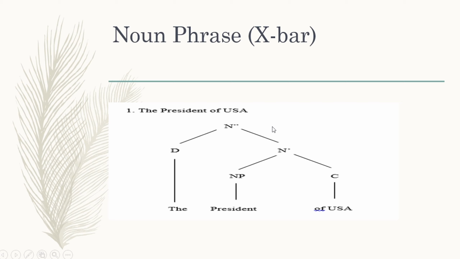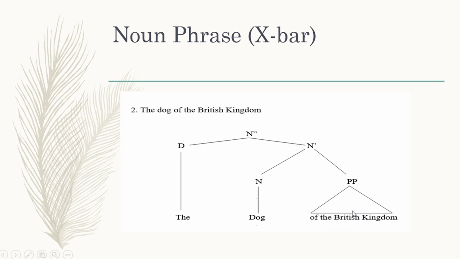First, I got the president of USA. So the determiner is the, the noun is president, and the complement is of USA. Next, the second one is a little bit different from the last one because it has a post-modifier, which is the prepositional phrase of the British Kingdom.